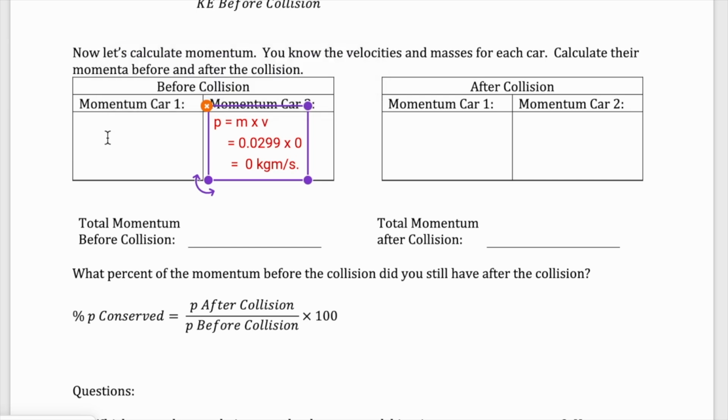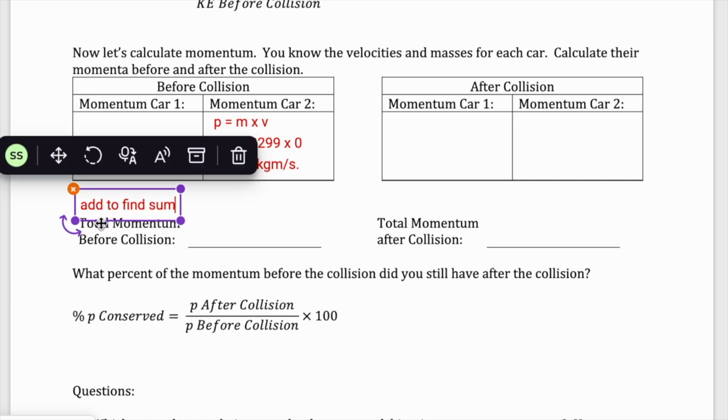And again, you're going to calculate the momentum of car 1, the momentum of car 1 after the collision, and the momentum of car 2 after the collision, and then you're going to add them up so you can find the total momentum before the collision and the total momentum after the collision. So please, again, don't forget that when we say total, we just mean adding, to find the sum.